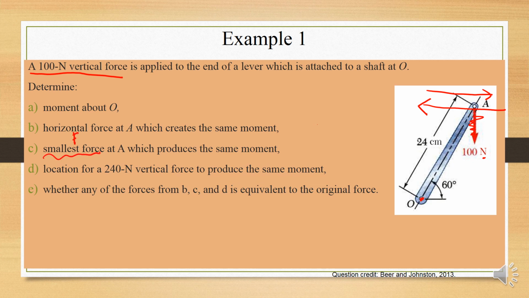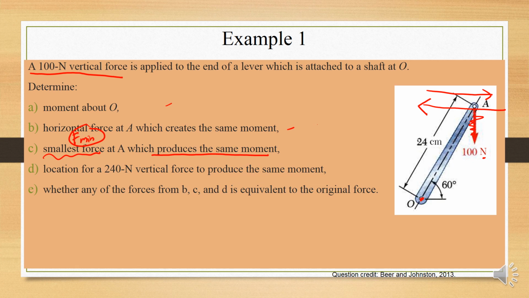That means the moment you calculate at A will be equal to the moment you calculate at B, and the same for C. However, at A and B the force is known, but for C the force is not given, but it's stated that you should have minimum force.